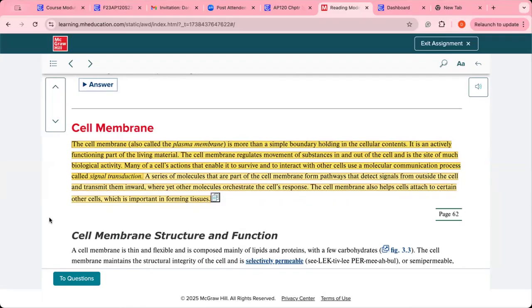A cell membrane is thin and flexible and is composed mainly of lipids and proteins with a few carbohydrates. The cell membrane maintains the structural integrity of the cell and is selectively permeable or semi-permeable. Okay, I think we're getting warmer. Keep going.